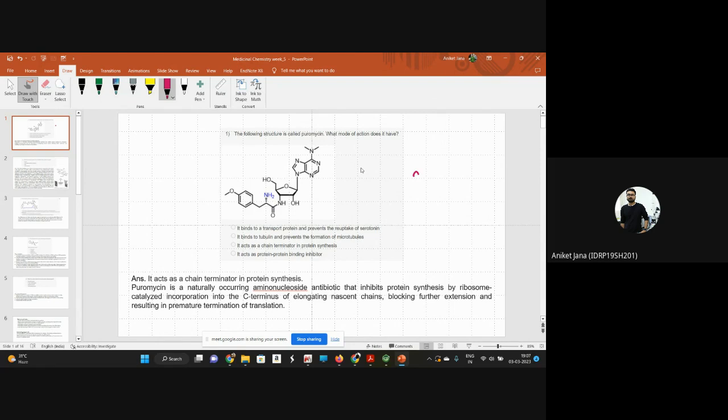So in this way it works. It acts as a chain terminator in protein synthesis, blocking further extension and resulting in premature termination of the translation.